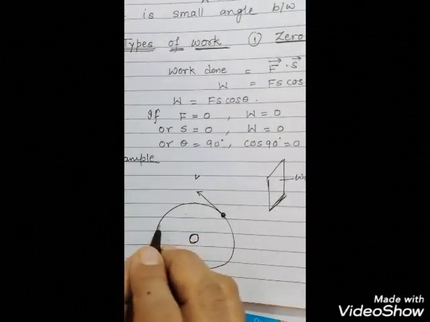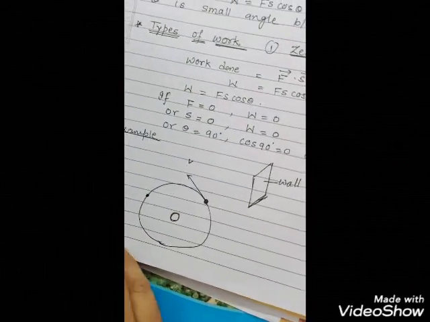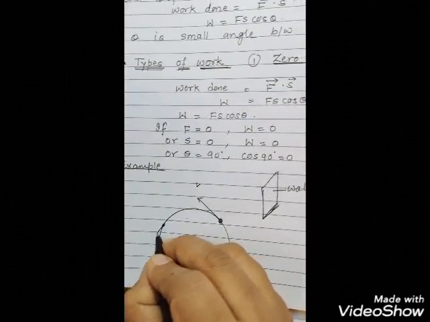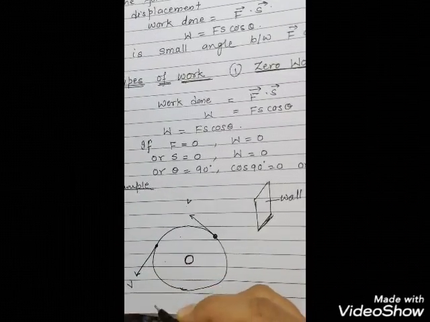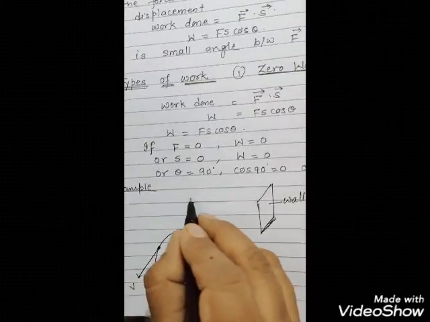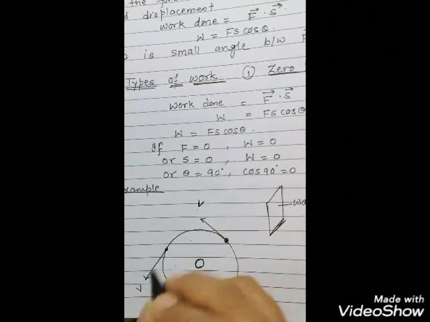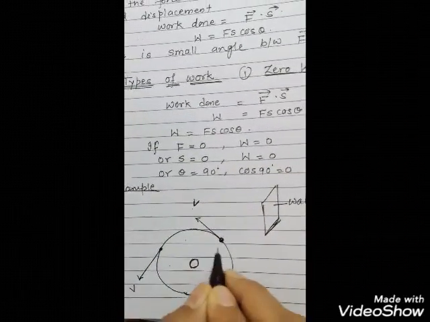Now suppose the satellite reaches this point in the orbit. The direction of the velocity is given here as tangent to this point, that is v. Magnitude-wise this v will be equal, but the direction is continuously changing.